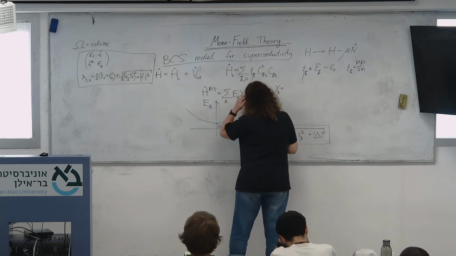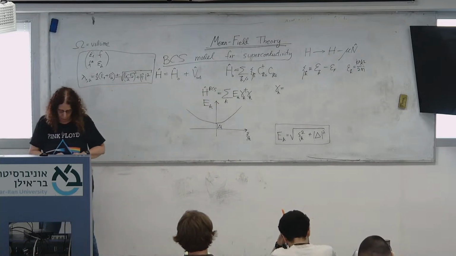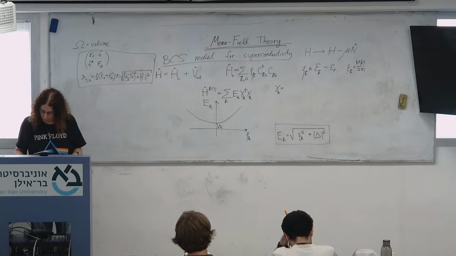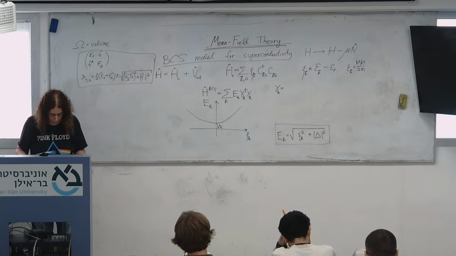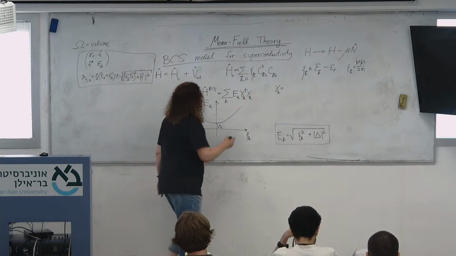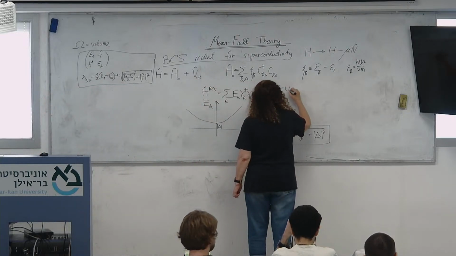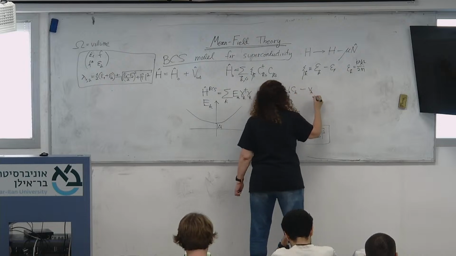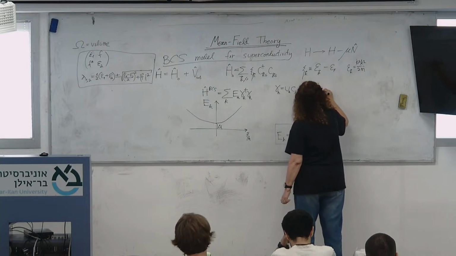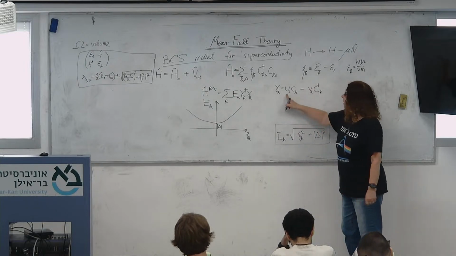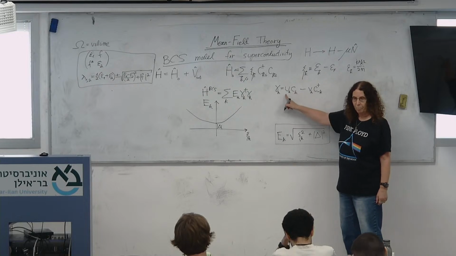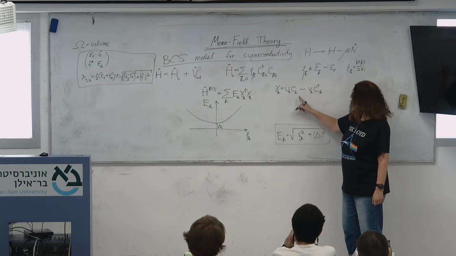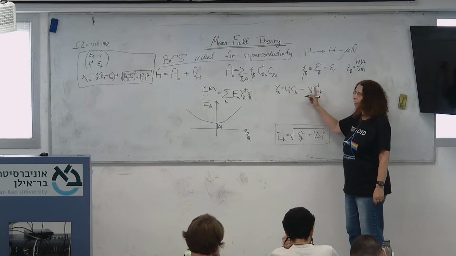So gamma k is a linear combination of c and c dagger, but not c and c dagger of the same k.